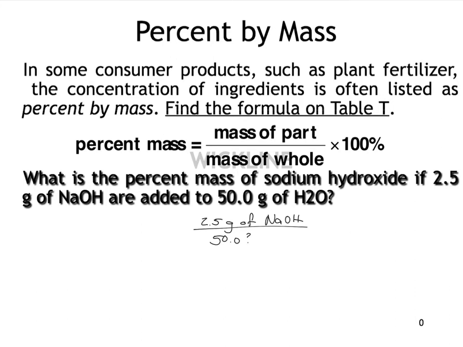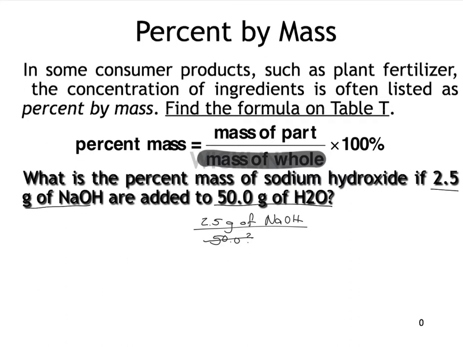Or is it? So I'm going to cross this out and tell you right now that there is some reading comprehension involved in this, because it says the mass of the whole is what we're looking for, rather than the mass of the water, which was 50. The whole thing would be the solution, which would be the water and the sodium hydroxide.